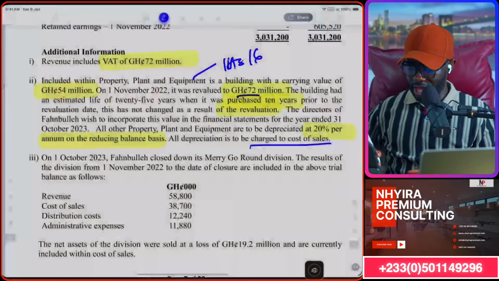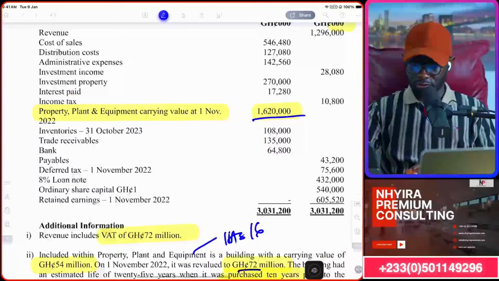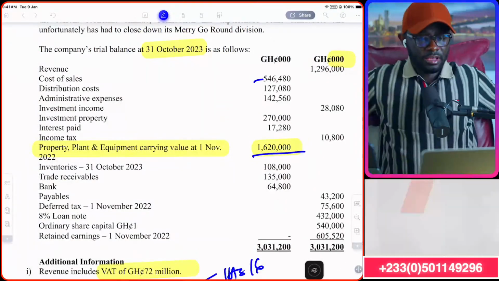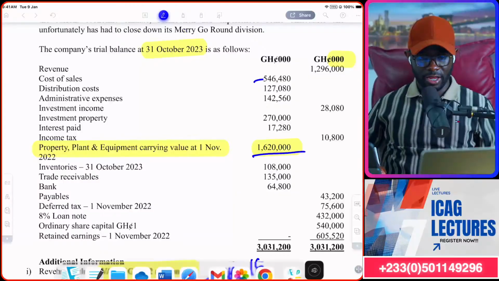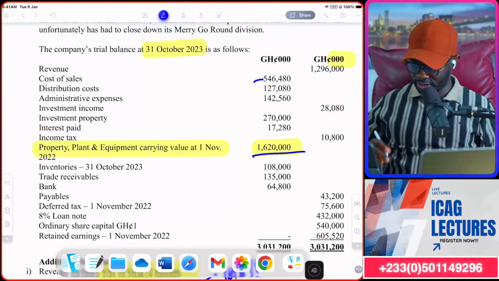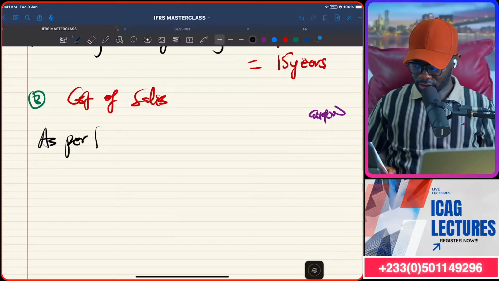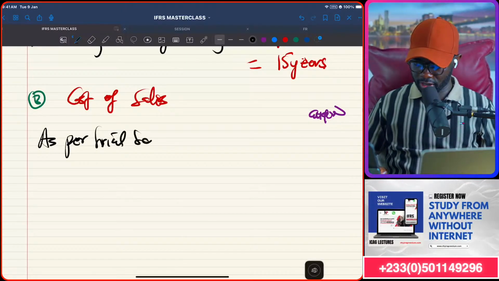So we bring as per the trial balance on cost of sales. As per the trial balance, 546,480.